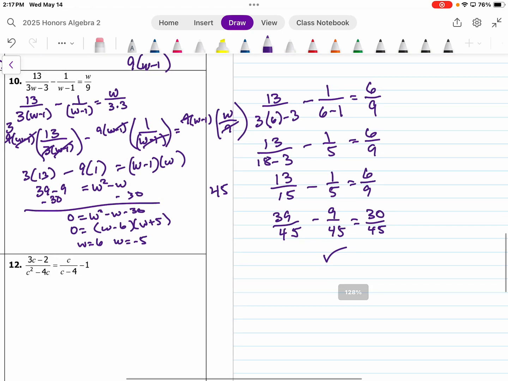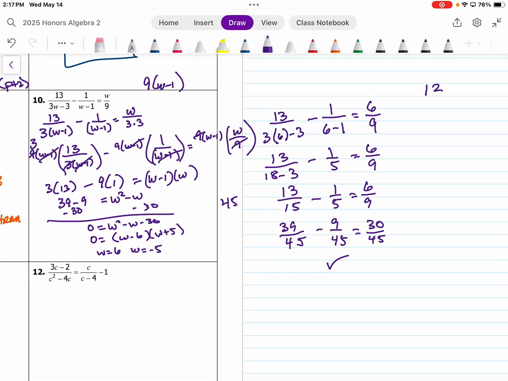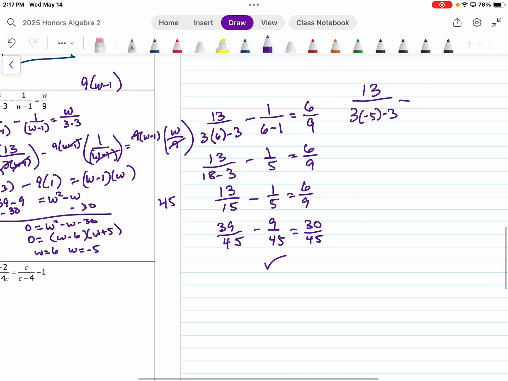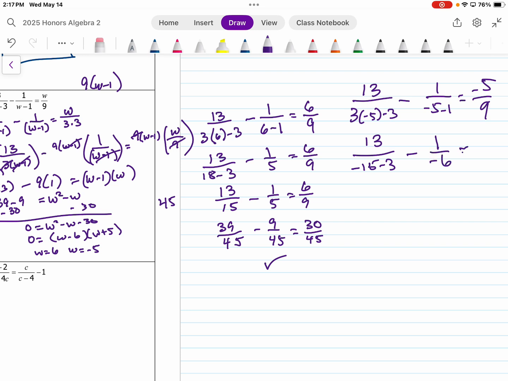Now we got to try the negative 5. 13 over 3 times negative 5 minus 3, minus 1 over negative 5 minus 1, equals negative 5 over 9. 13 over negative 15 minus 3, minus 1 over negative 6, equals negative 5/9.